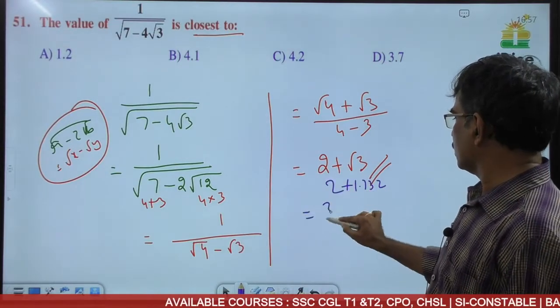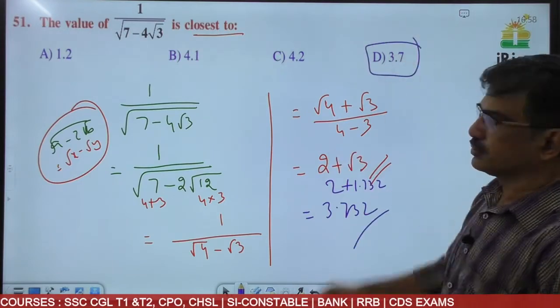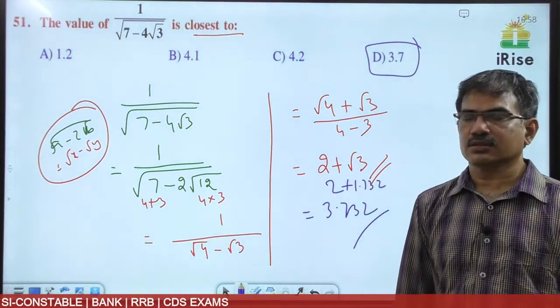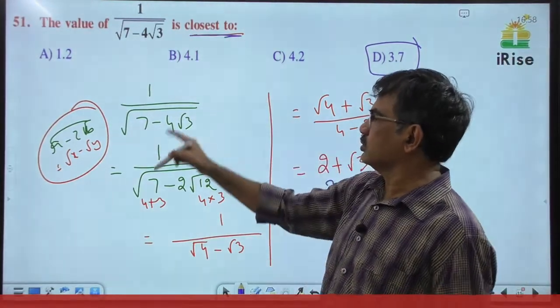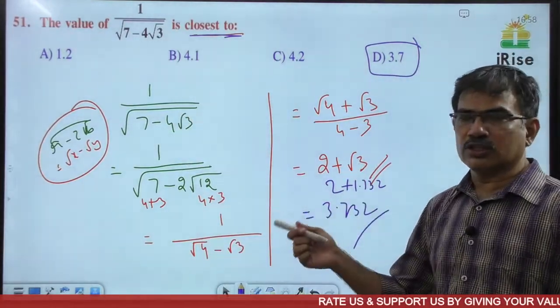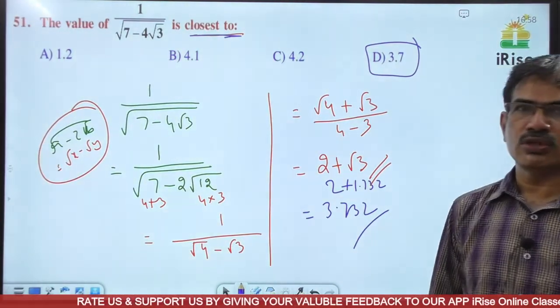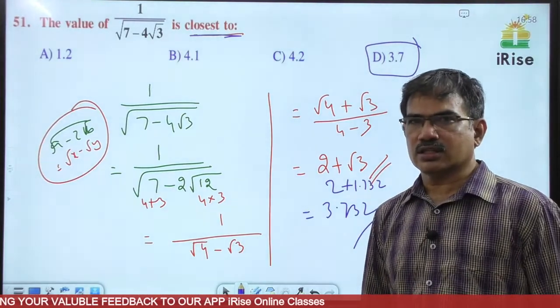So the answer is 3.732 approximately. It is nearer to 3.7. Okay. Sometimes they want the nearest value. In this case you have to know the values of root 3, root 2 like that. Root 3 is 1.732 and root 2 is equal to 1.414. Okay. Next.